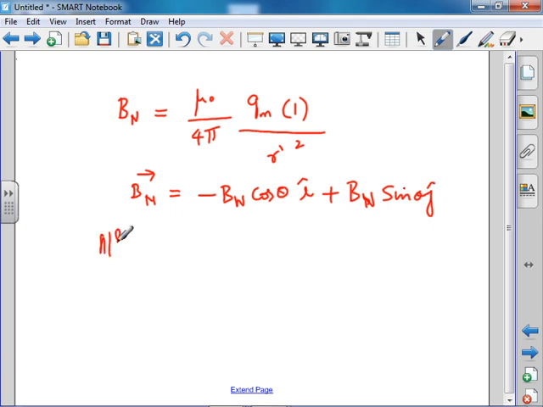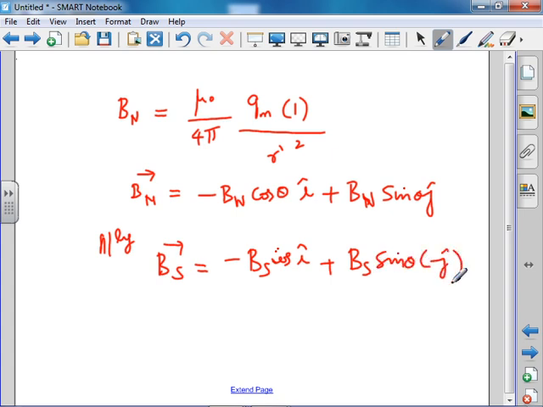Similarly, for Bs vector we have minus Bs cos theta i cap plus Bs sin theta minus j cap.